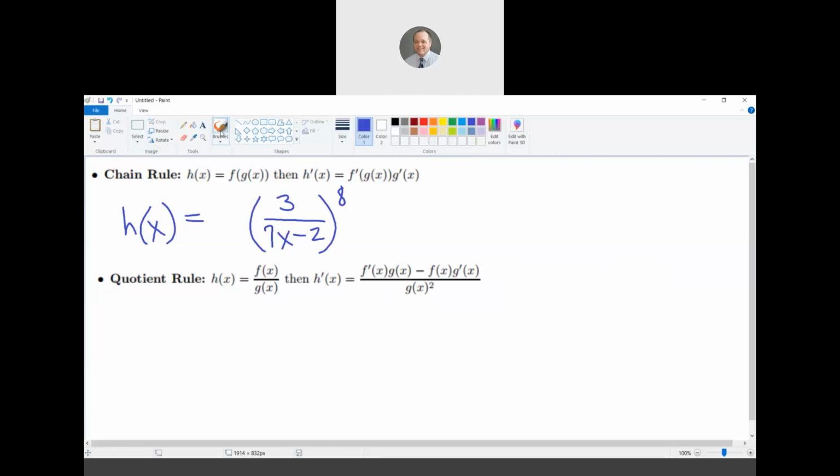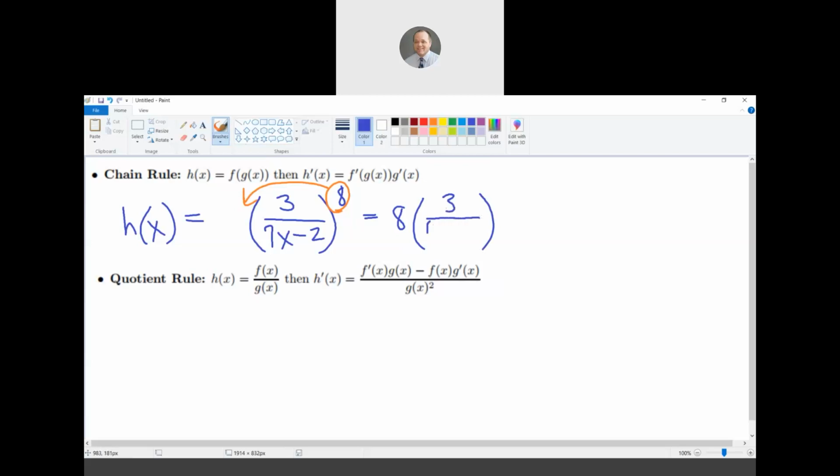Now, use the power rule first by moving the original exponent 8 to the front. And 1 is understood to be in front of the fraction. So 8 times 1 still gives us 8. Bring over g of x, or what's in parentheses.